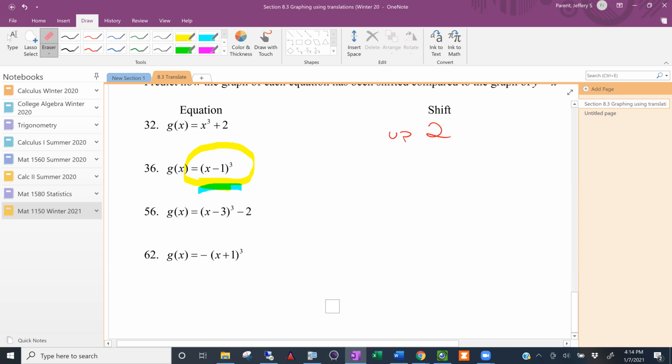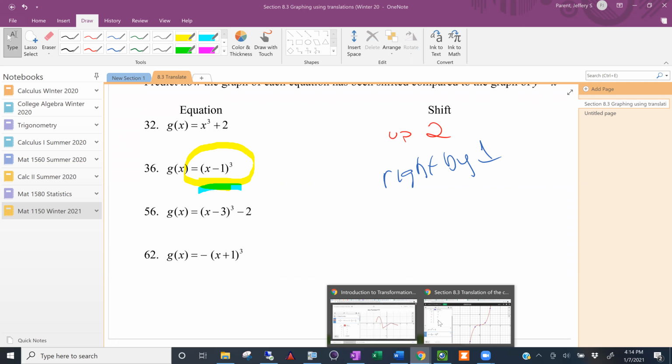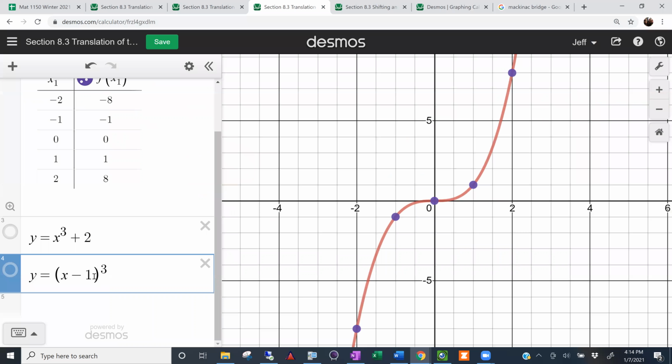All right, so x minus 3 cubed minus 2. Oh, and I guess I forgot to write in what would happen with the last one. That got shifted to the right by 1. All right, and I'm going to cheat just a little bit.